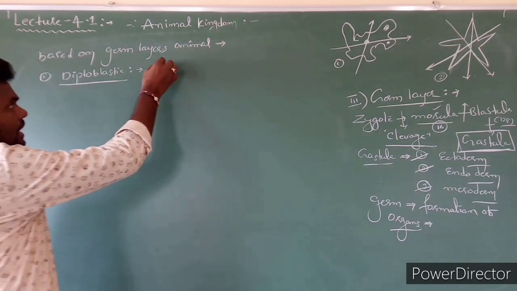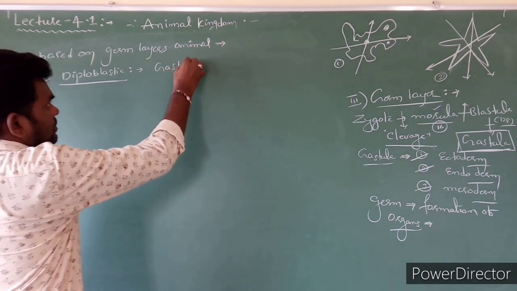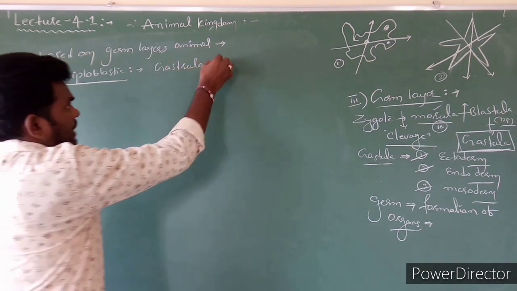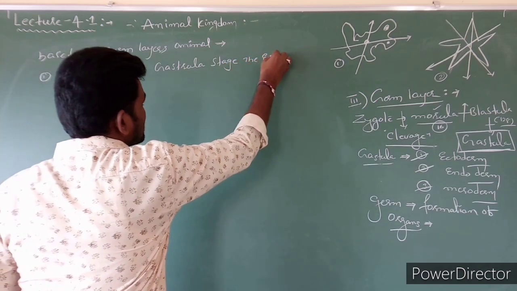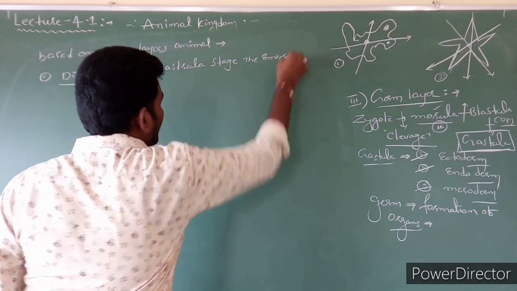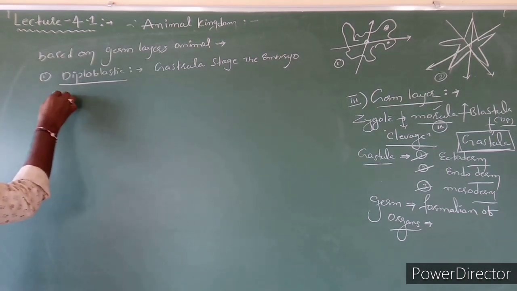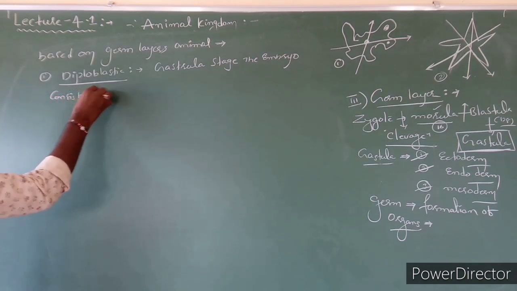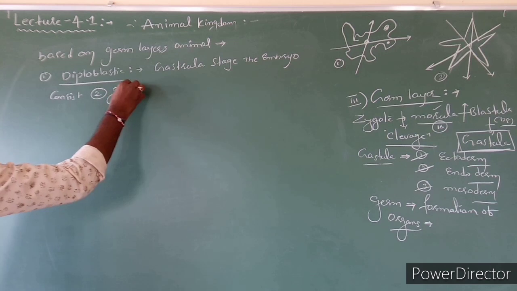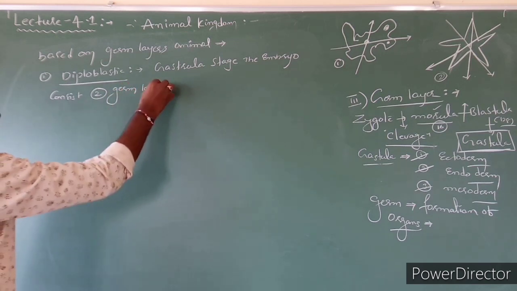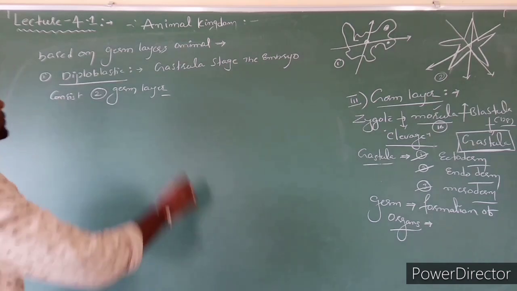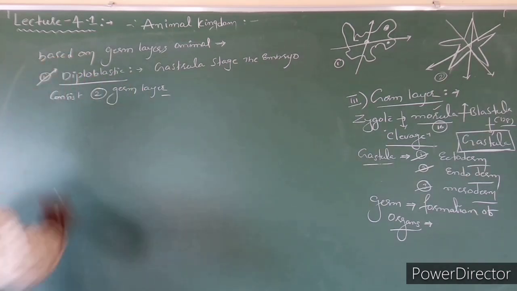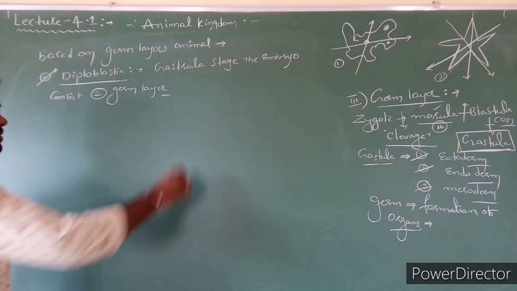So here at the gastrula stage, if the embryo consists of two germ layers, then such organisms we can consider as diploblastic organisms.